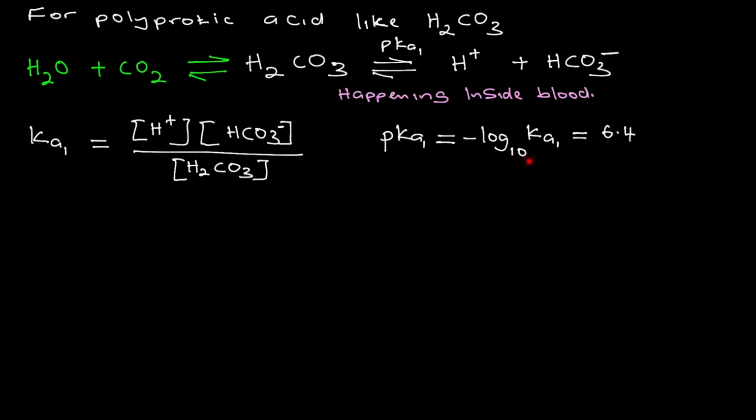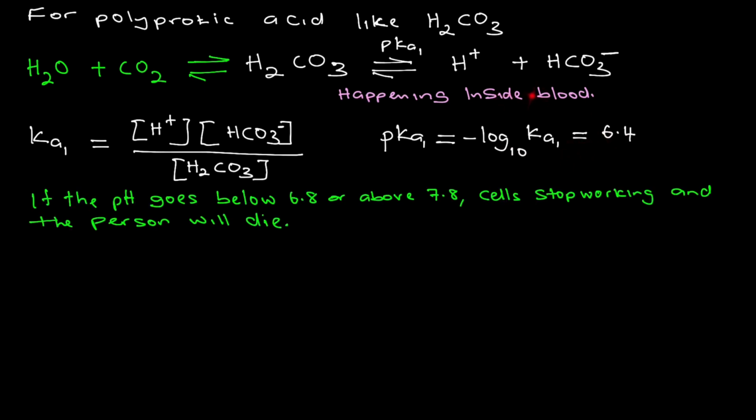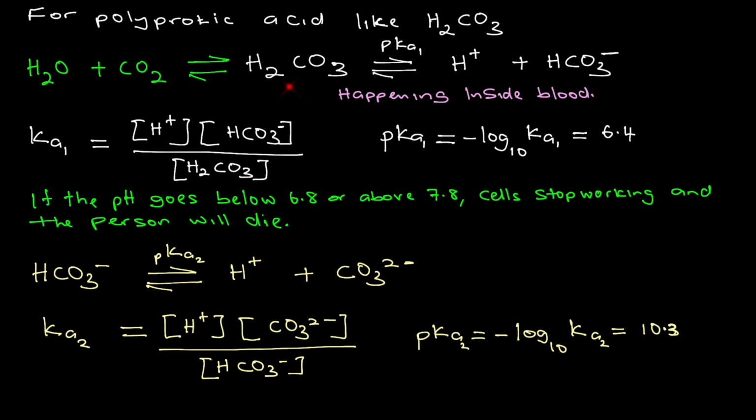I can find the Ka value. That will be 10 to the power minus 6.4. The blood pH is 7.4. If the pH goes below 6.8 or above 7.8, cells stop working and the person may die. Because it's a diprotic acid, the second dissociation is the conjugate base dissociating to H plus and CO3 2 minus.